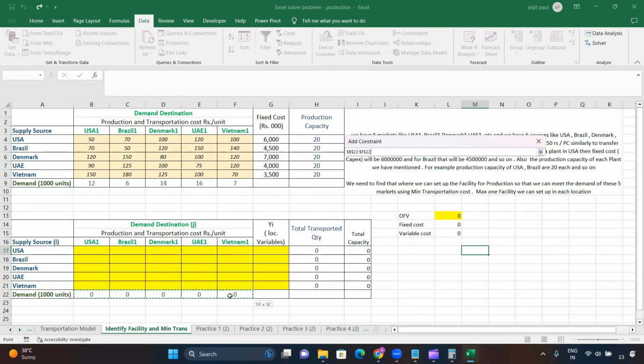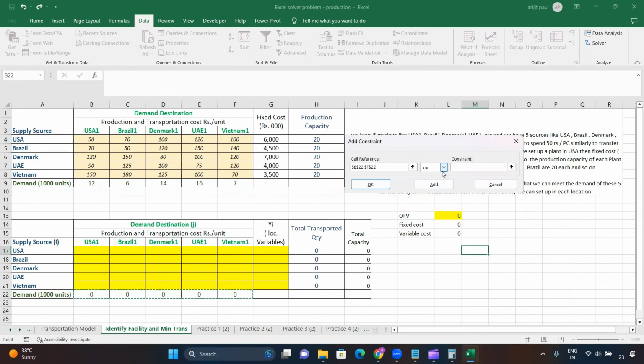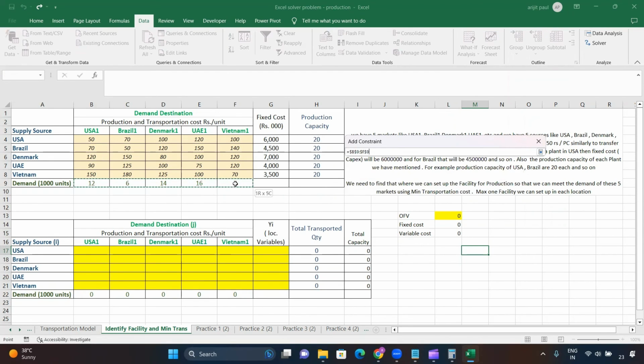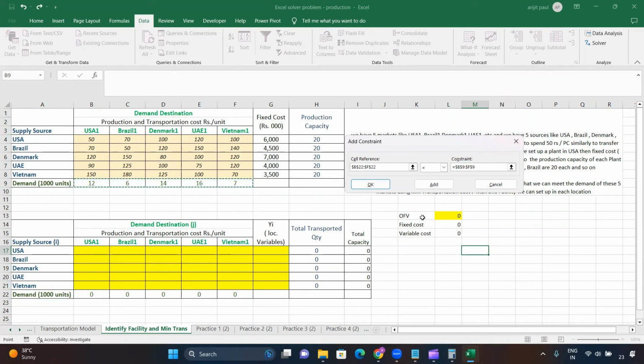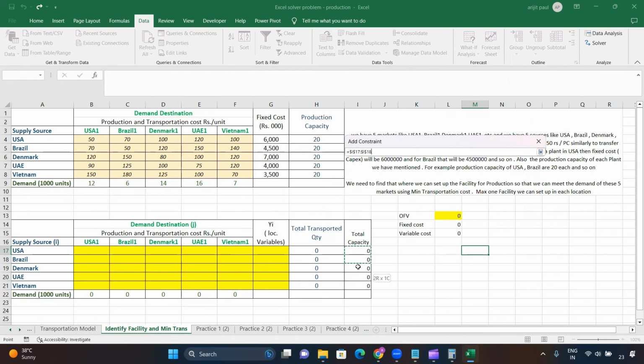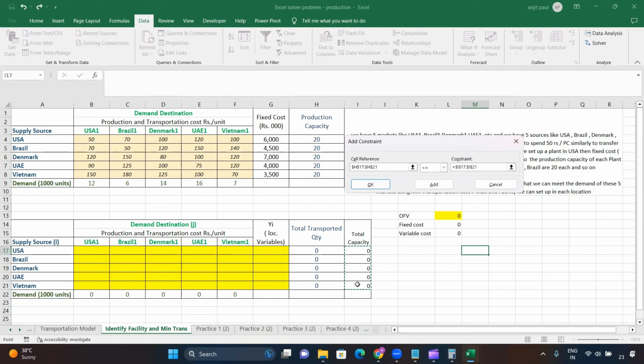So demand needs to be fulfilled. So that is why I have mentioned these things equal to these things. And for supply, total transported quantity needs to be less than or equal to total capacity. We cannot supply anything more than total capacity.